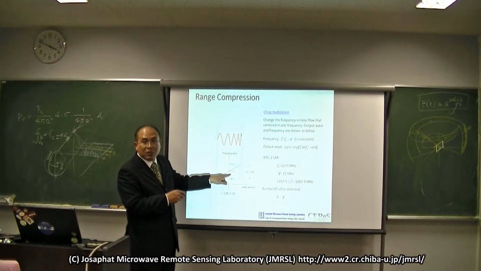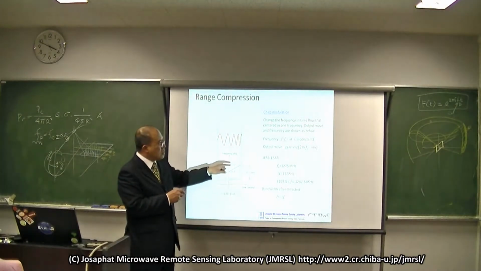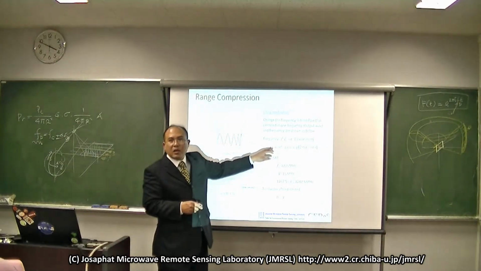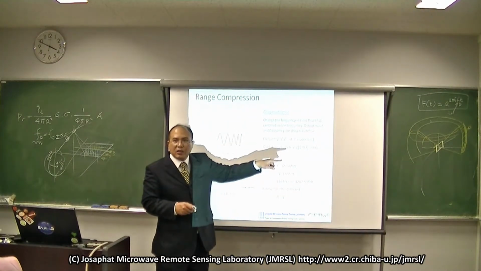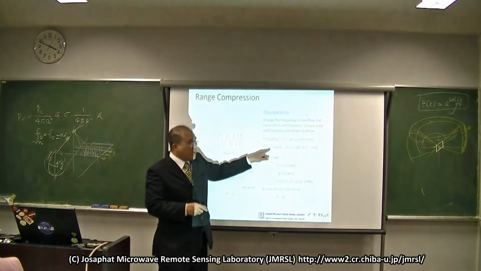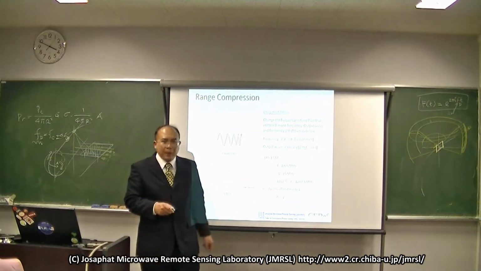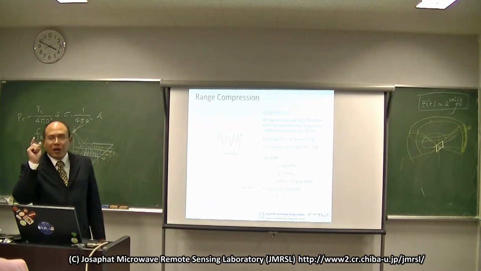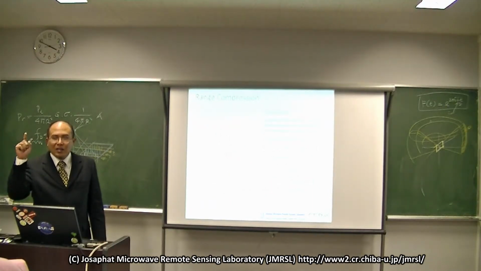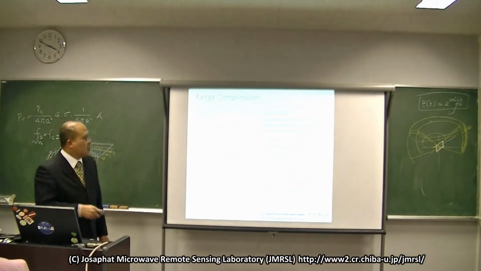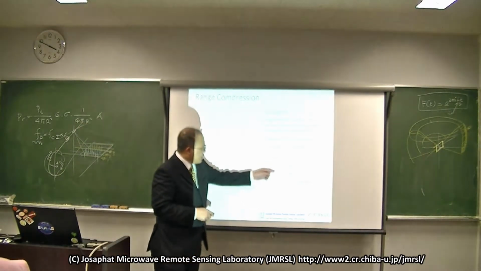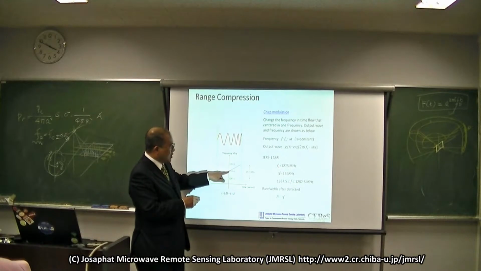I already explained this to you. Okay, it is the reference function in the range direction. Please remember, the reference function: exponential 2 pi j f tau. Okay? It is this function. Then f0, the center frequency, is 1.275 gigahertz.